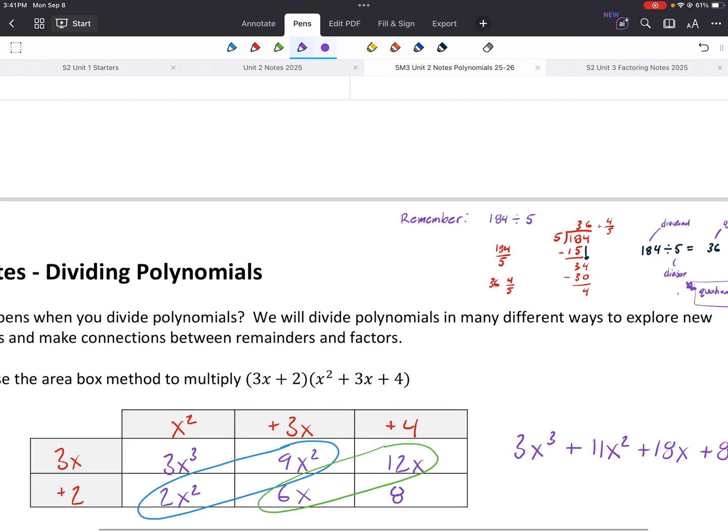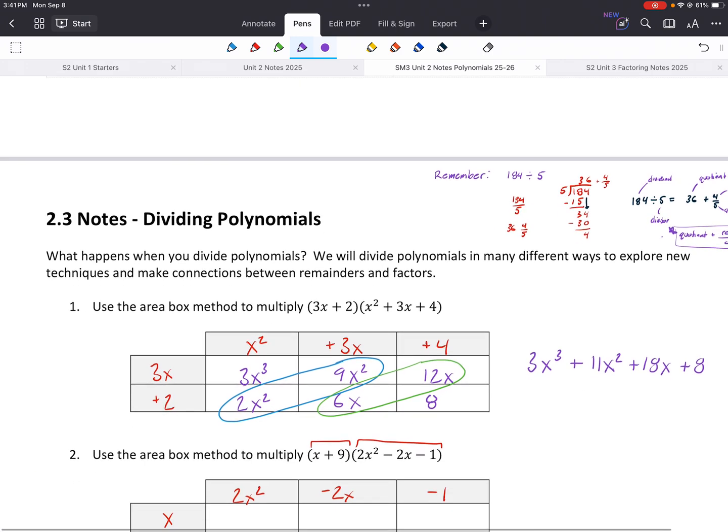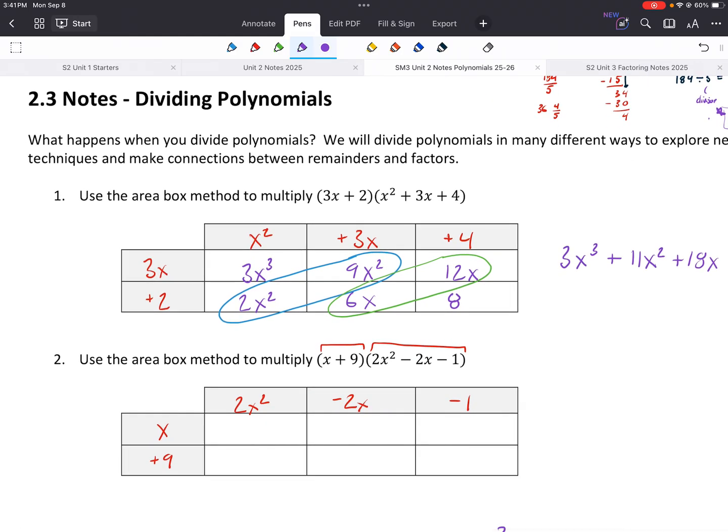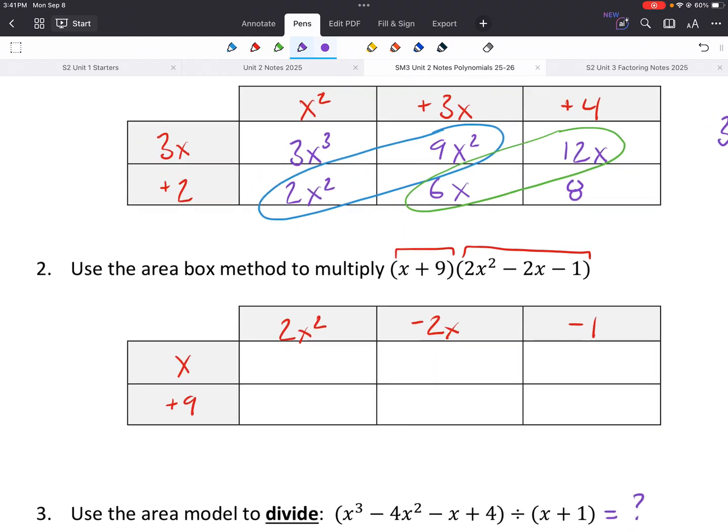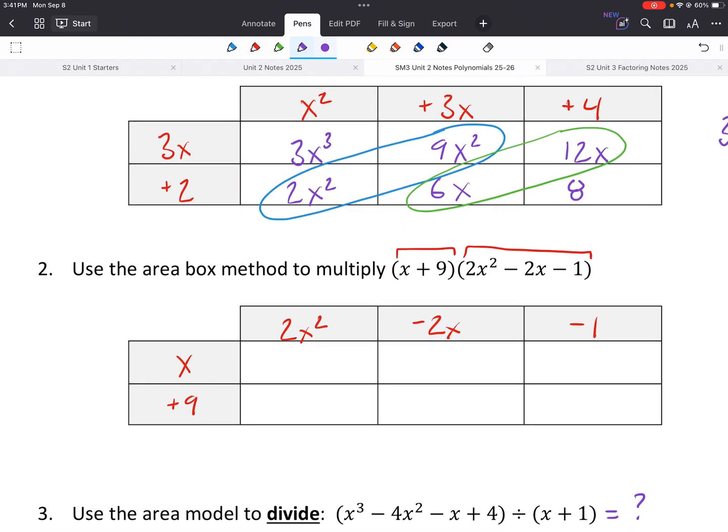All right, so going back again, we've talked about how we've multiplied polynomials, which is kind of similar to dividing polynomials. They're like opposites. If we're multiplying, we just go the opposite direction to divide. I did an example already, you can look at that, but I'd like you to pause and give number 2 a try.